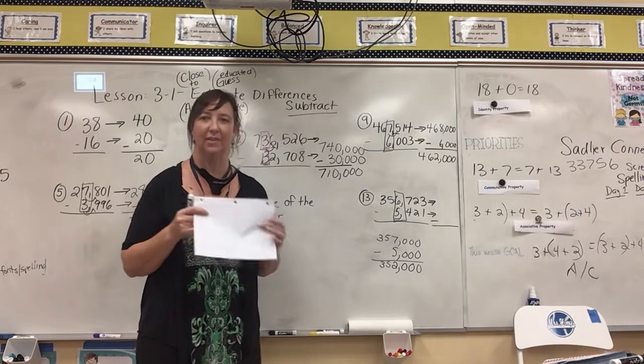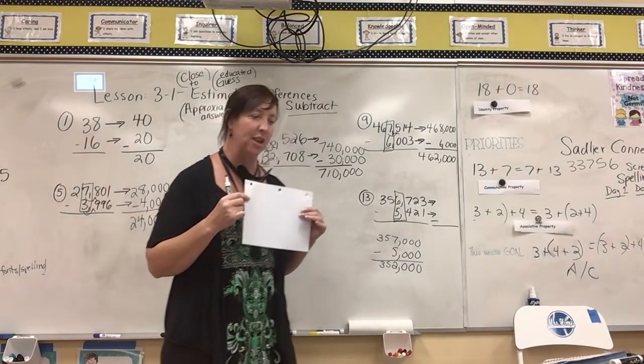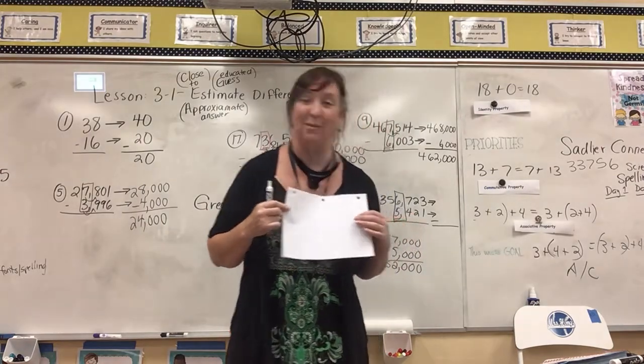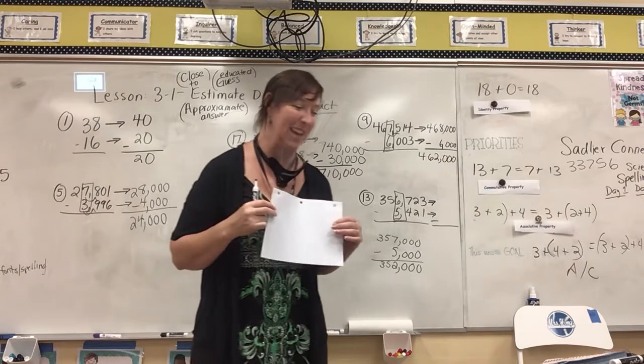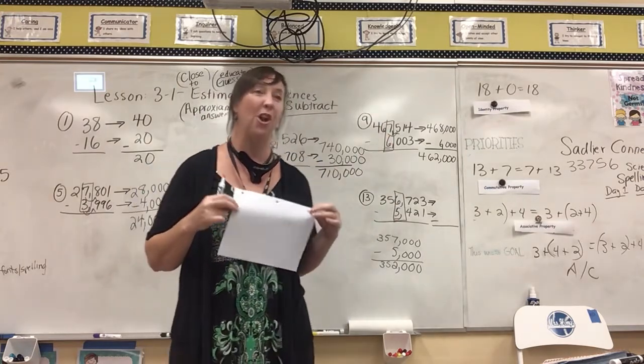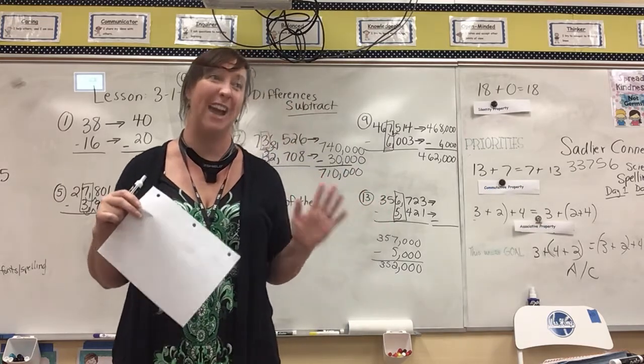I'm going to come around and give everybody a piece of notebook paper, and we're going to try to finish the rest of the problems on 31. Notice that I did some of the problems with you. And then for your homework tonight, I want you to do it well instead of to do it fast.